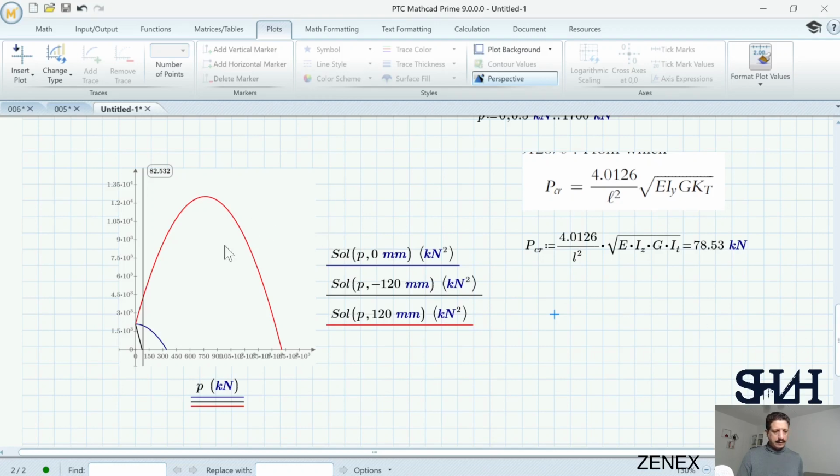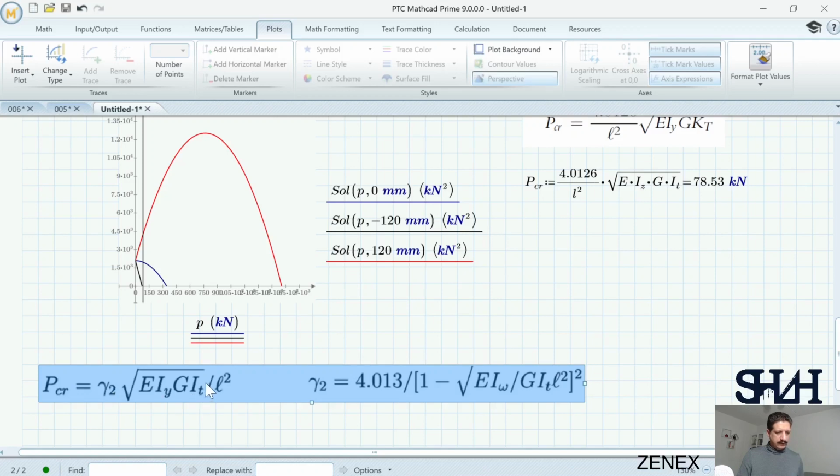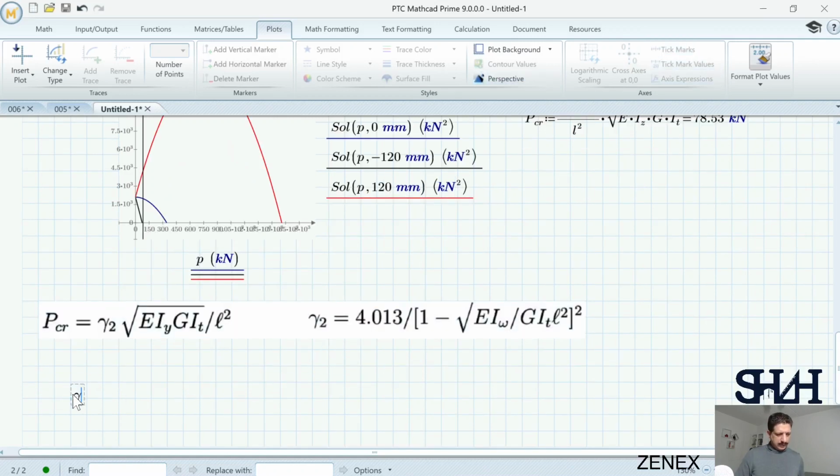So the equation is given by Timoshenko according to a gamma 2 value. So we can calculate gamma 2, which is a function of the length of the beam, and it's a very good approximation in my opinion.